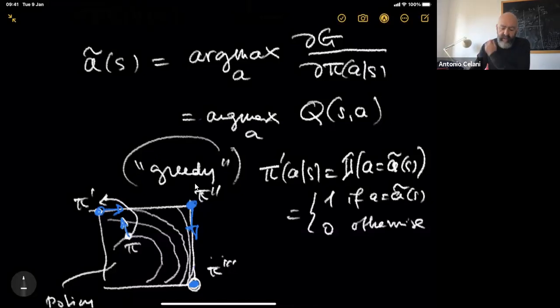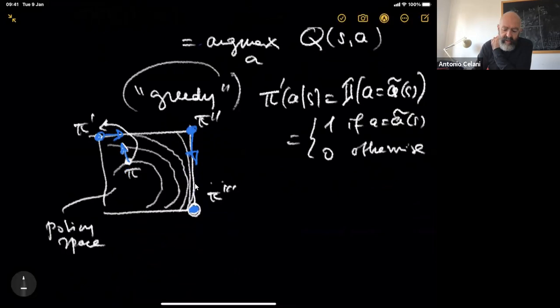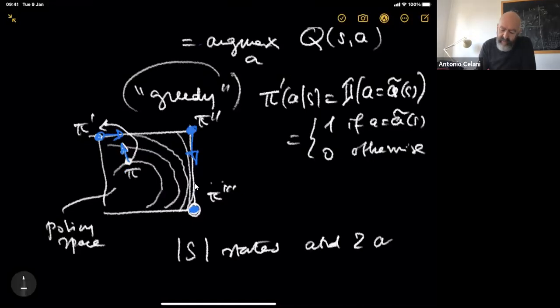So there are two questions that arise here, of course. First of all, is this ever going to converge? I'm hopping through corners. In general, suppose that I have S states and two actions.